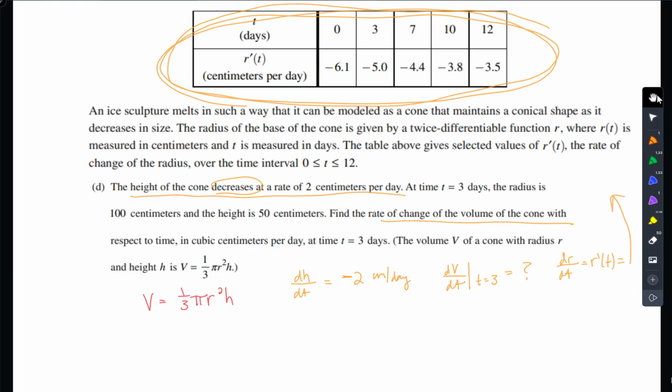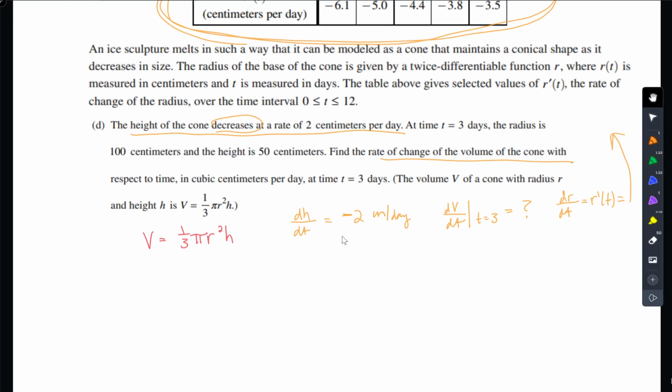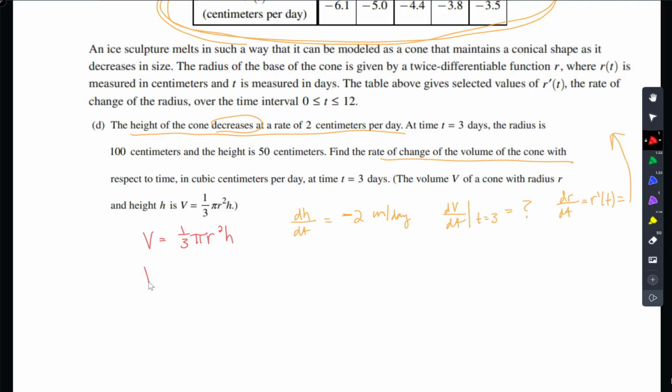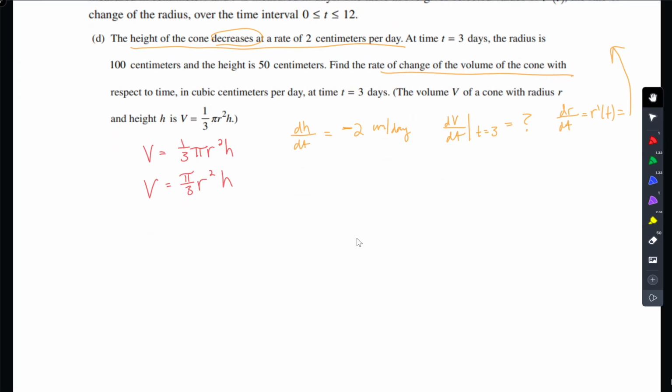So I can go straight to a derivative. Do you see what you're going to have to do? I'm going to rewrite it as pi over 3. Does anyone see what you're going to have to do for the derivative? Product rule. You guys are doing great.